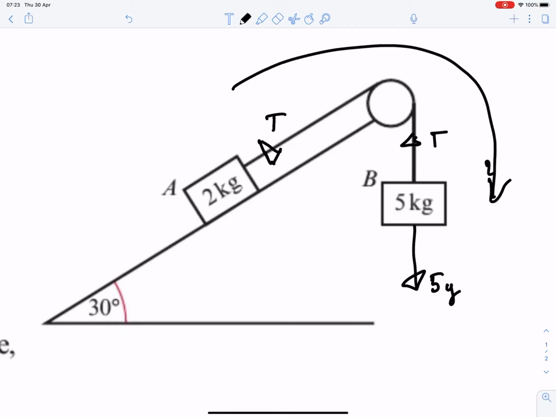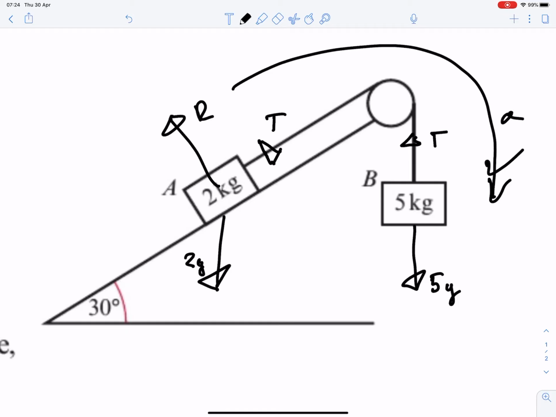Got to decide which way we think this is going to move. If we get it wrong, it doesn't matter because it'll just give us a negative value, but the important thing is that we're consistent. But here we're going to take it down there. The 5 kilogram mass is going to pull the 2 kilogram mass up the plane.